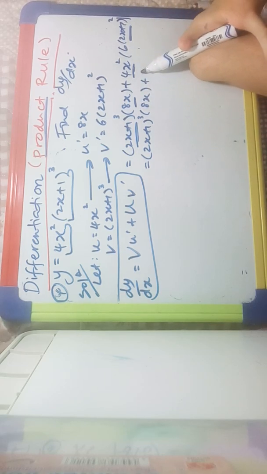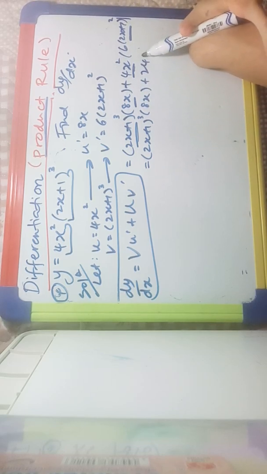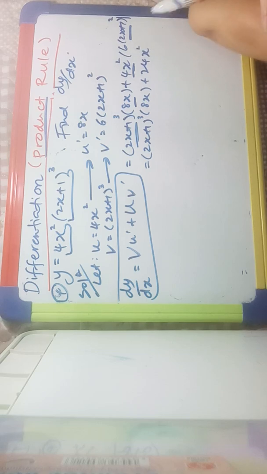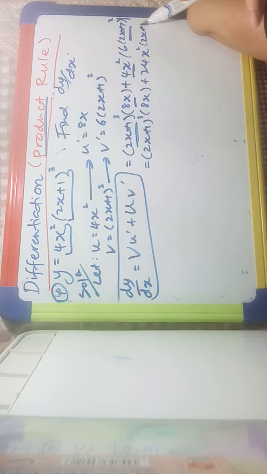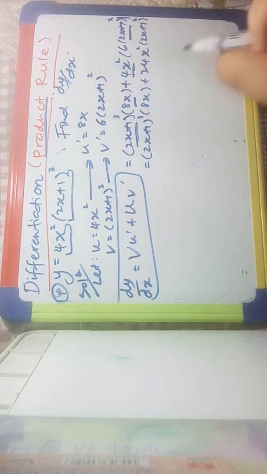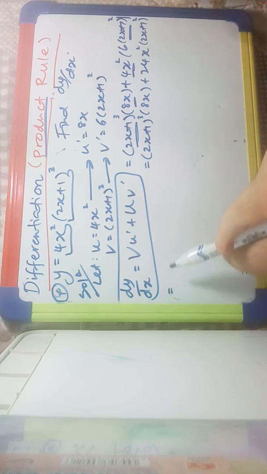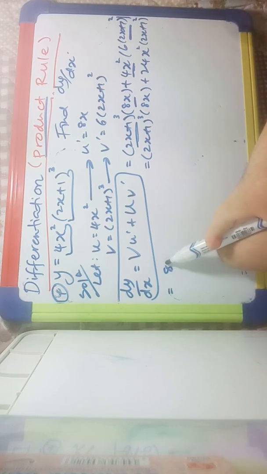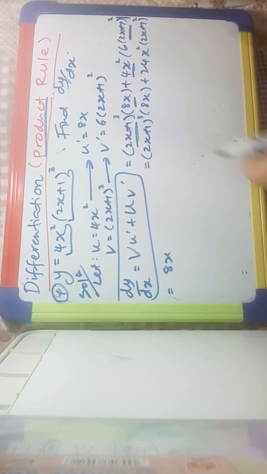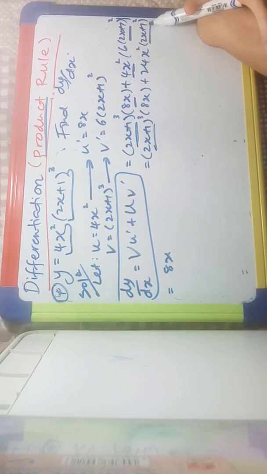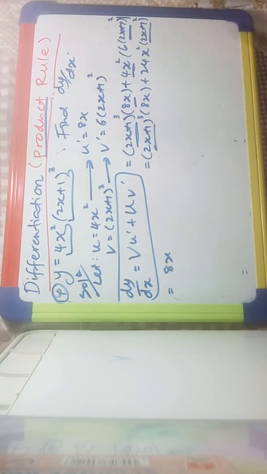So 6 times 4, 24. 24x square, and then 2x plus 1 square. Okay, this one is better. 8 and 24. So better we take out 8x. Okay.